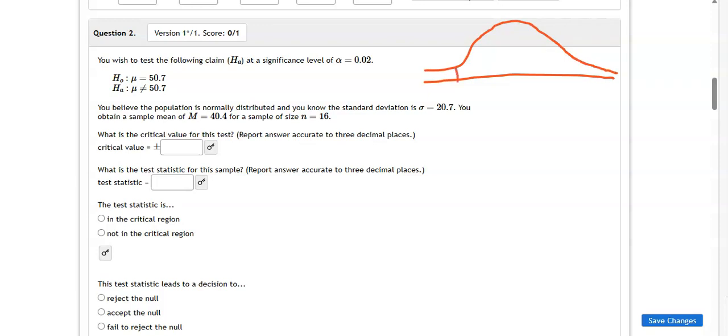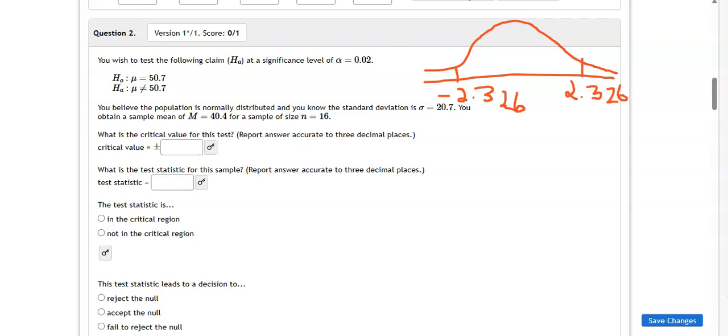Okay, so this number over here was negative 2.326, and I went ahead and rounded it to 3 decimal places since that's what it asked for the critical value. And I apologize, writing with my mouse is not very perfect. And then we also had a rejection region over here, which is 2.326. Now, rejection regions always comprise tails of the curve.